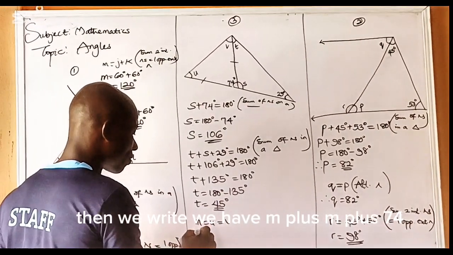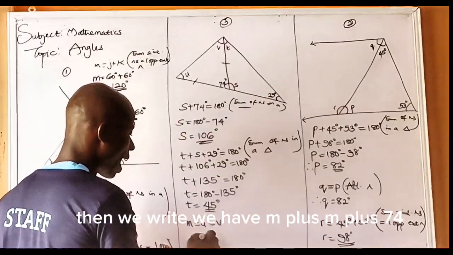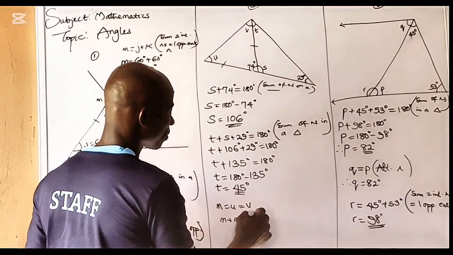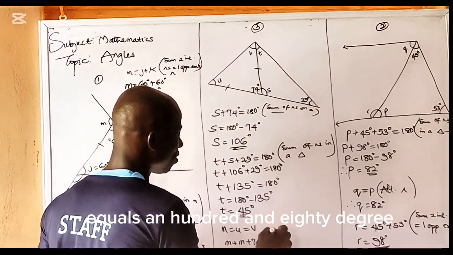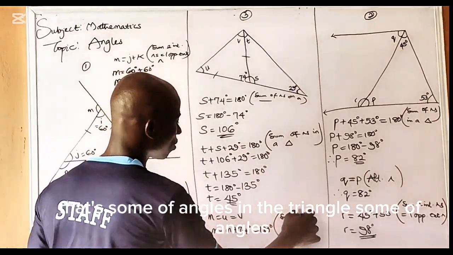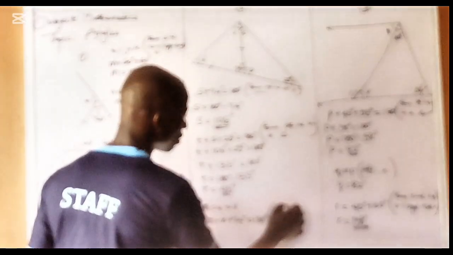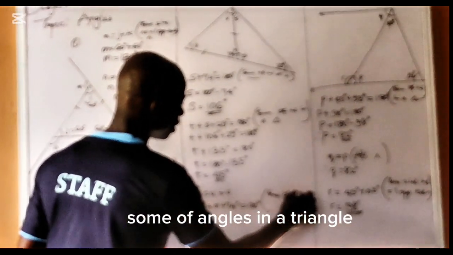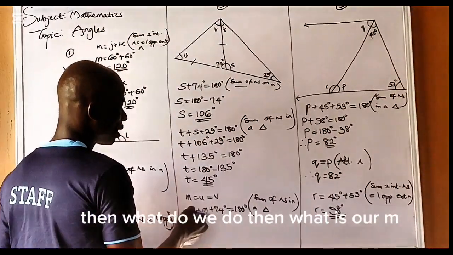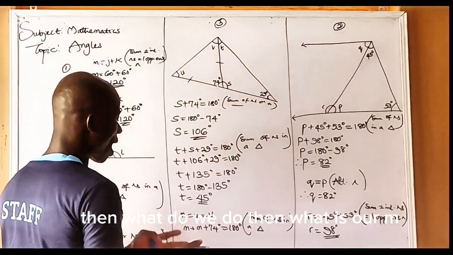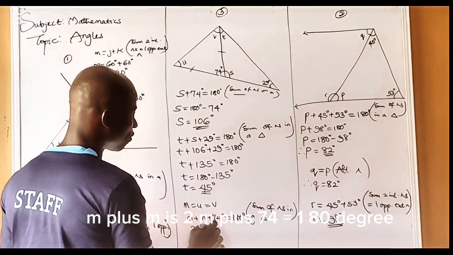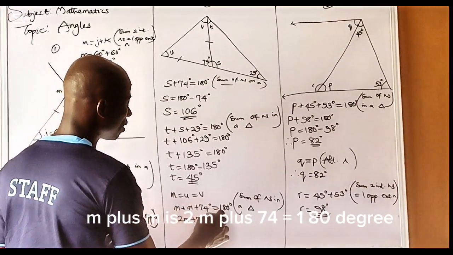Then we have m plus m plus 74 equals 180 degrees. That's sum of angles in a triangle. Then what is our m? m plus m is 2m plus 74 equals 180 degrees.